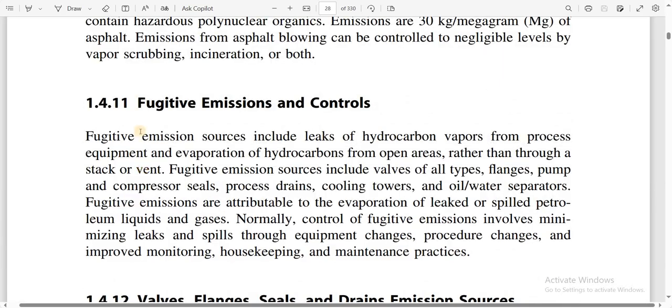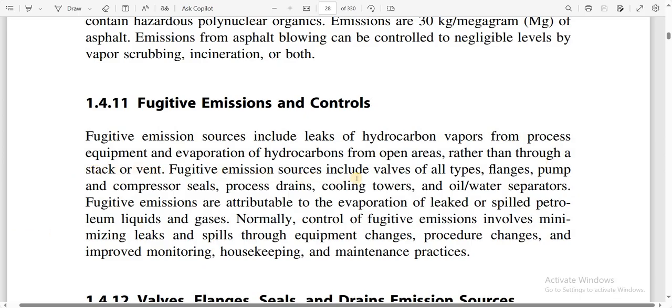We'll learn two more topics: fugitive emissions and control. Fugitive emission sources include leaks of hydrocarbon vapors from processes and equipment, and vaporization of hydrocarbons from open areas rather than through a stack or vent.